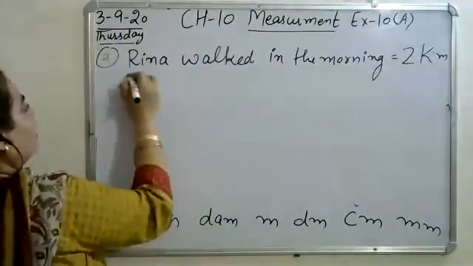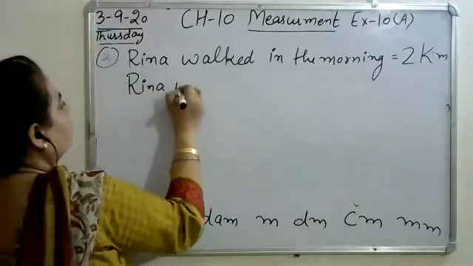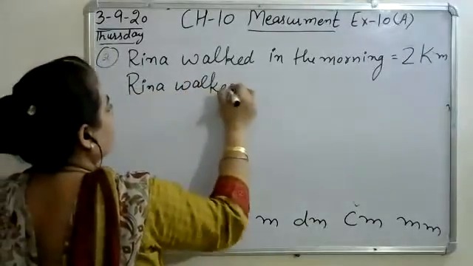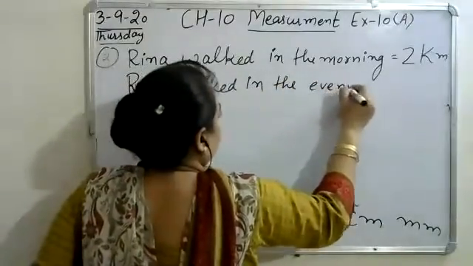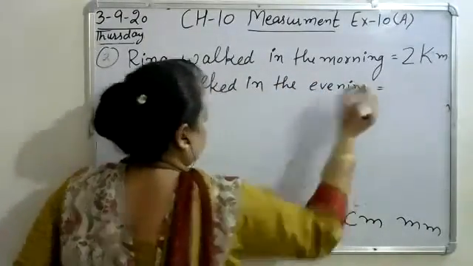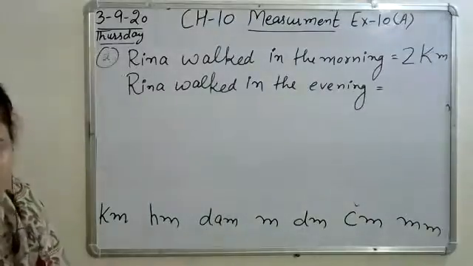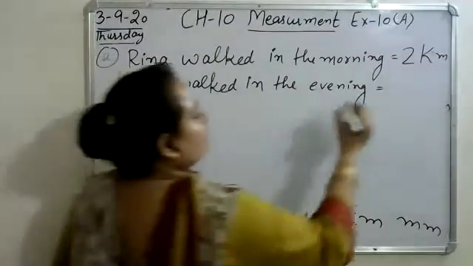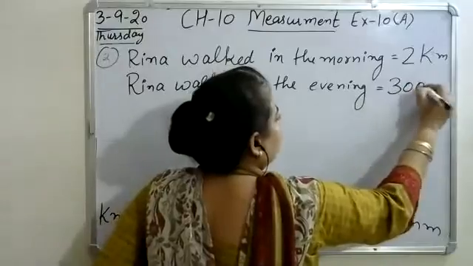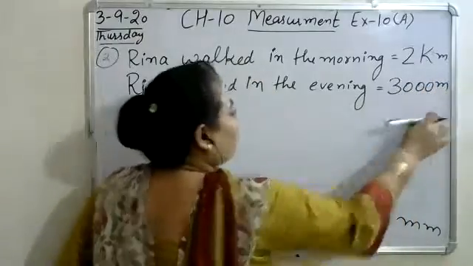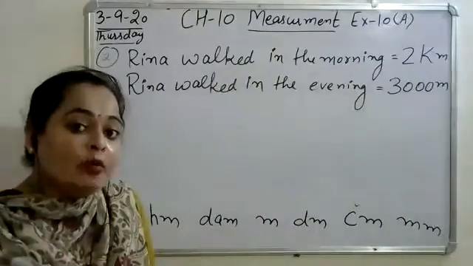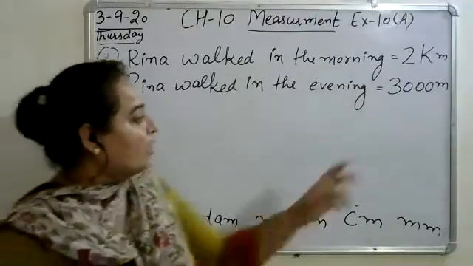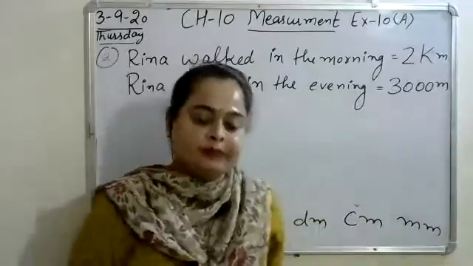Similarly, you will write here, Reena walked in the evening 3,000 meter. But the question is to give your result in kilometer. Now, Agrim, tell me, how can you convert this meter to kilometer?